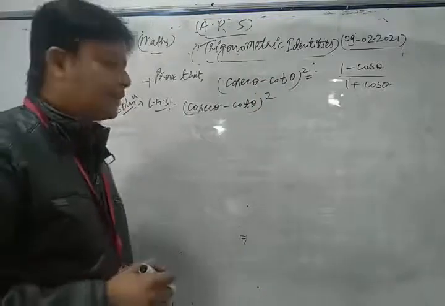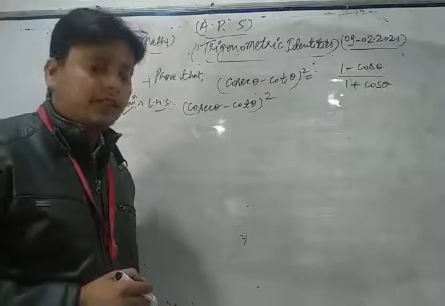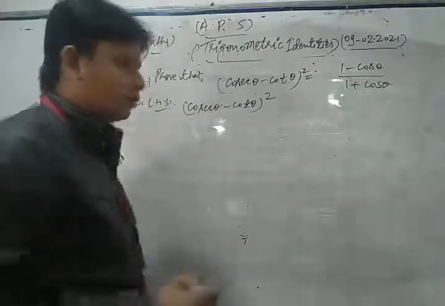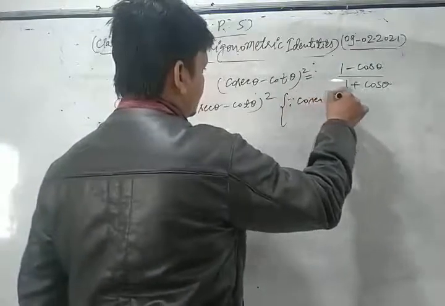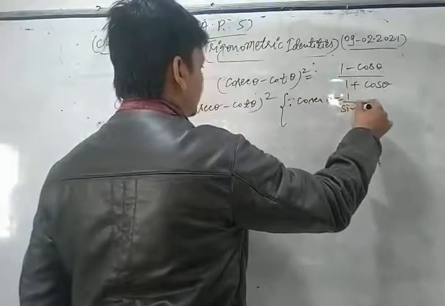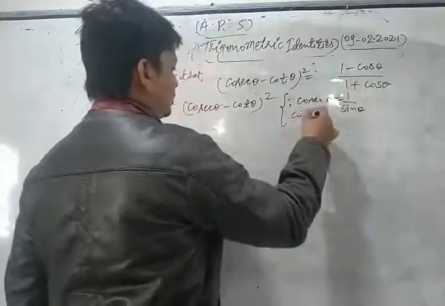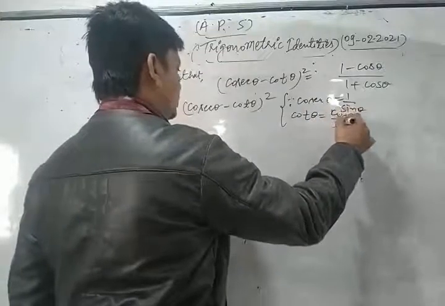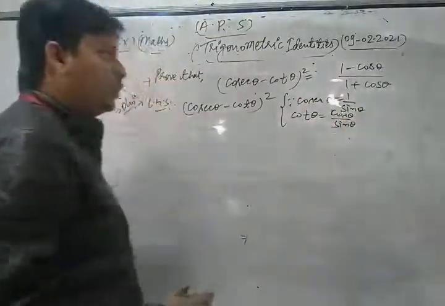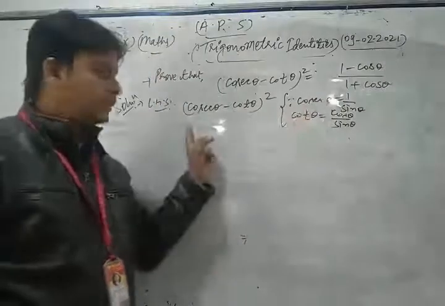Okay, so we know that cosec theta is equal to 1 upon sin theta and cot theta is equal to cos theta upon sin theta. Now we put all these values in the given identity.